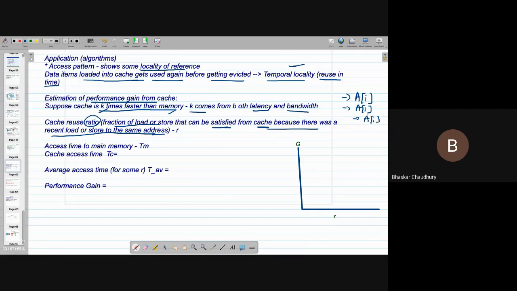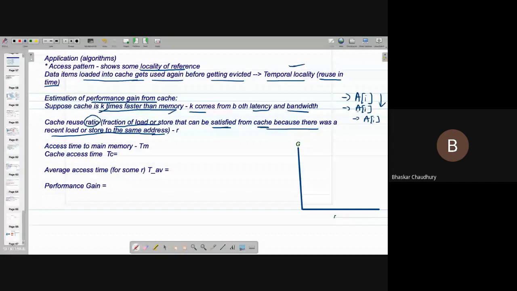As your code progresses in time, A[i] still resides in the cache, and you are utilizing it before it gets thrown out. This is where the concept of temporal locality comes into the picture.